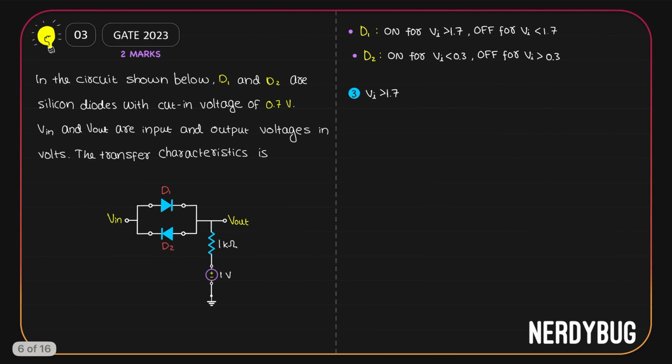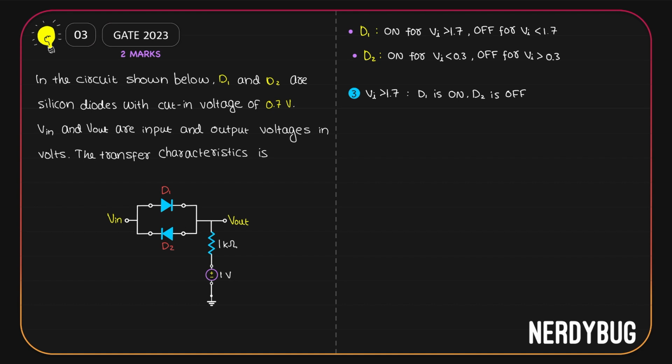Let's take the third case where V input is greater than 1.7. V input is greater than 1.7 volt, so D1 is on. V input is greater than 1.7 volt, so obviously it is greater than 0.3 volt, so D2 is off. We can model D1 as a cell whose potential is 0.7 volt and D2 as an open circuit.